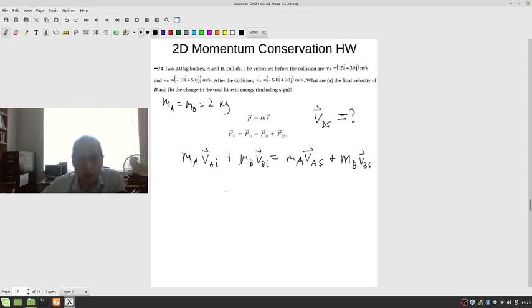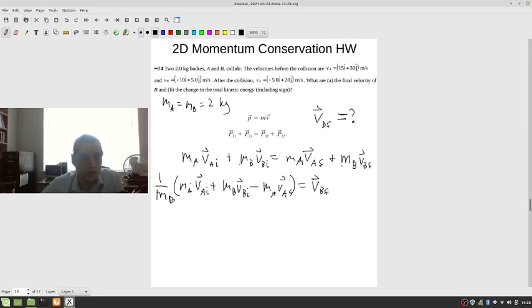And essentially then what you would find is it first asks you to find what's the final velocity of B. Okay, well, if you want to find the final velocity of B, all you have to do is subtract this off and divide by mass of B. So 1 over MB times MA VA initial plus MB VB initial minus MA VA final equals VB final.